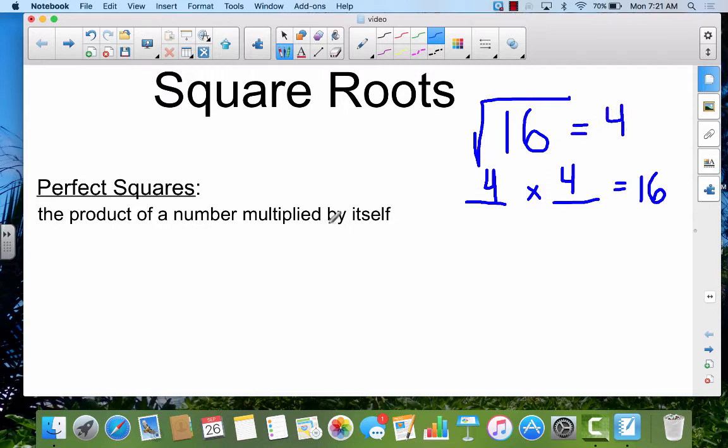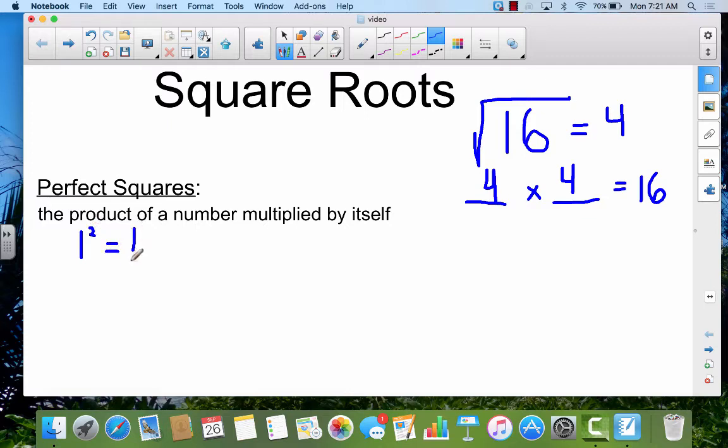There's many numbers that we call perfect squares, and here's what they are. So 16 is actually a perfect square because I can achieve 16 by multiplying an integer by itself. So if I think through my perfect squares, 1 squared, or 1 times 1, would be 1.